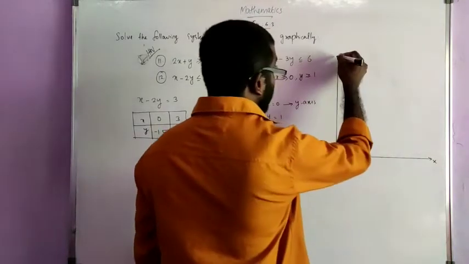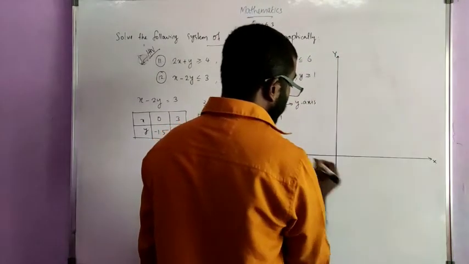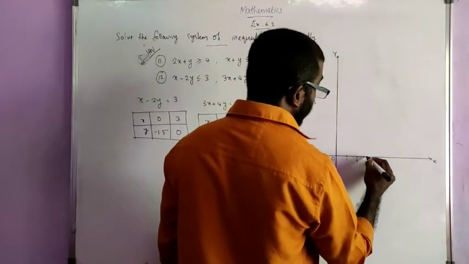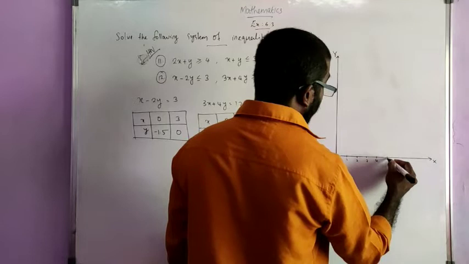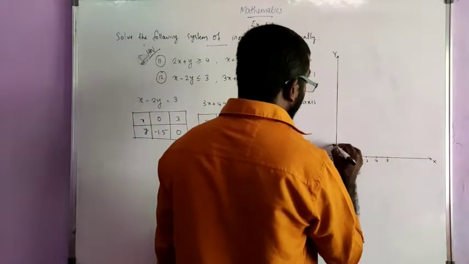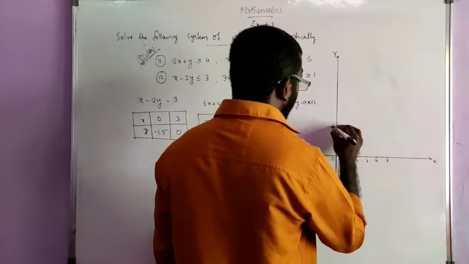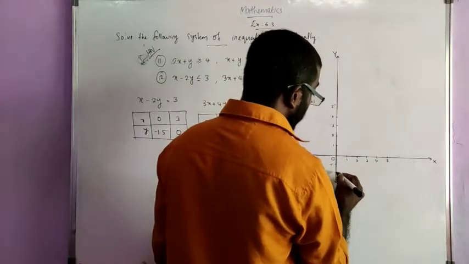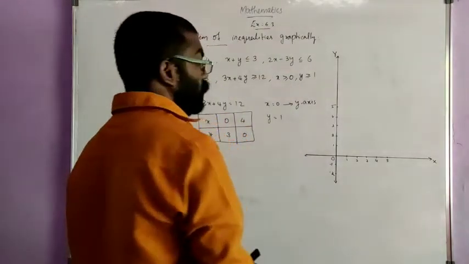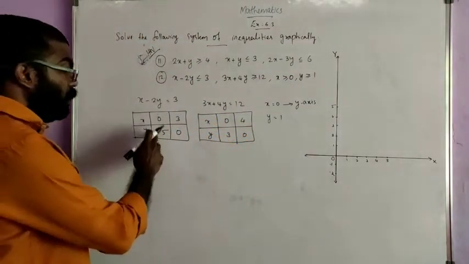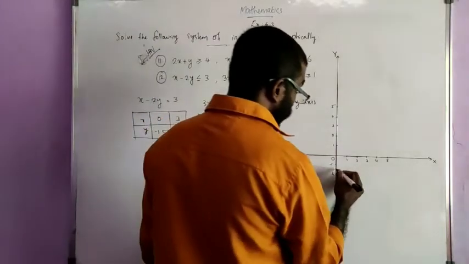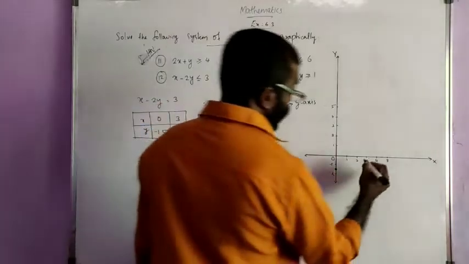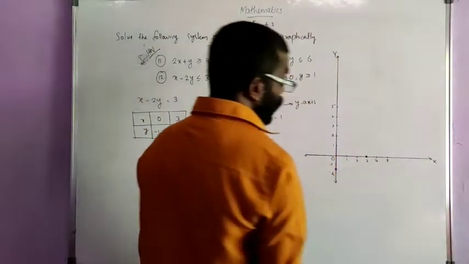X axis, y axis, 0, 1, 2, 3, 4, 5, 1, 2, 3, 4, 5, etc. Here minus 1, minus 2 and so on. Okay. 0, minus 1.5 here. Then 3, 0. Here we can mark 3, 0. Now we can join.